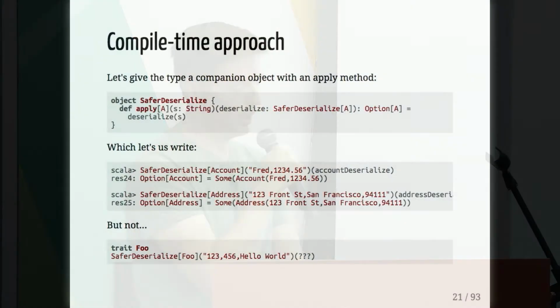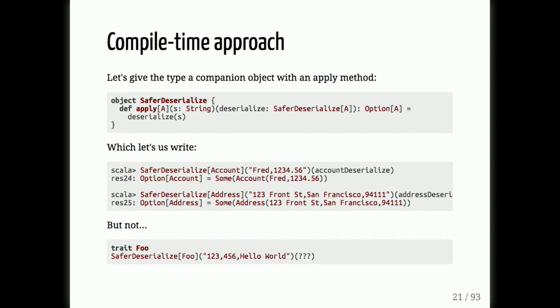We can do this by giving the companion object of safer deserializer an apply method where we pass in a deserializer. Now we can write this fairly nice syntax and it compiles OK, but that other one is not going to compile. That's going to fail.